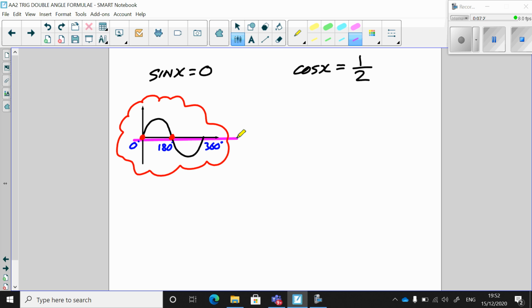So where does the curve cross the x-axis? That's what I'm saying there. Where does it cross the x-axis? Well, I've highlighted there, it's 0 and 180. That's your solutions there. Right, I'm going to go back to my question here.